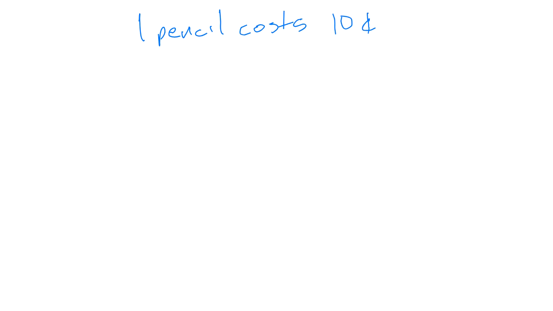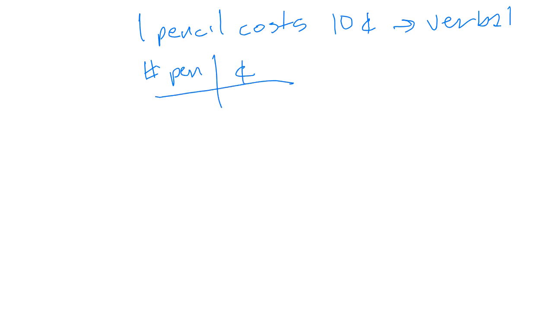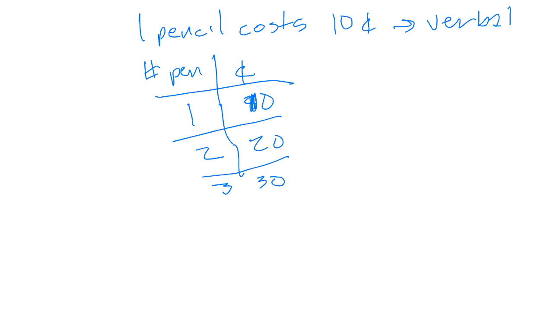That would be an example of a verbal. Now for numerically, we can make a table. Let's say number of pencils and then cents. Then we just have 1, 10, 2, 20, 3, 30. That's an example of numerical.